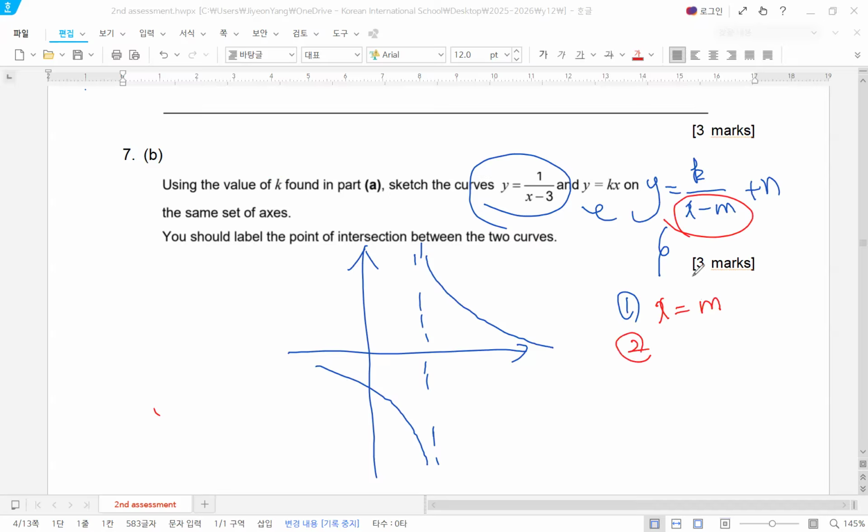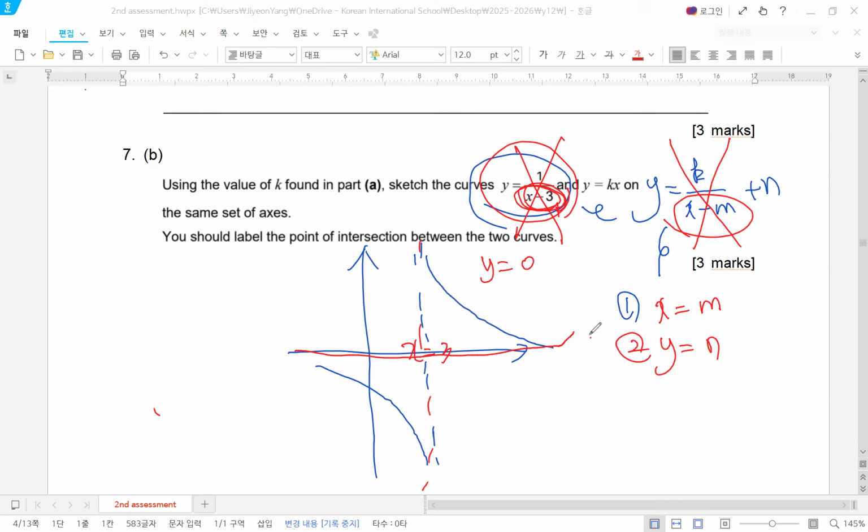The second one, after that, you can just rule out this part. Then what is left is y equals n. So from here, make the denominator 0. It means that x equals 3, which is this one. Do you understand? And then after this, what is left is just y equals 0, which is the x-axis.